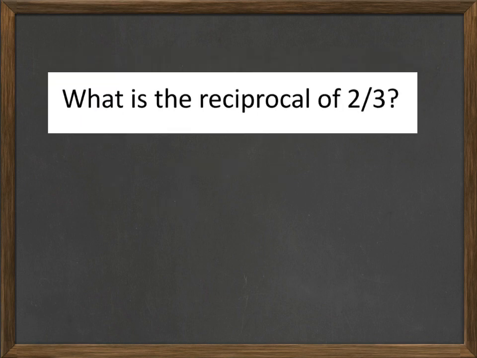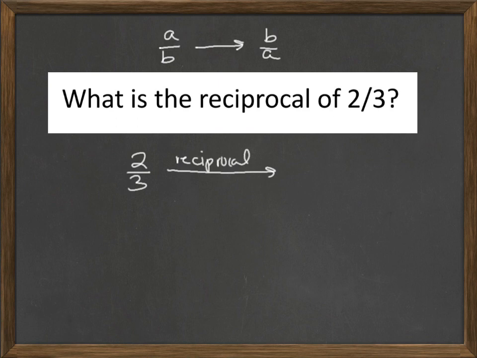Let's say we want to know what is the reciprocal of 2/3. Remember, to find the reciprocal, if we start with a over b, it becomes b over a. So the reciprocal of 2/3 is going to be 3/2. In other words, the denominator 3 becomes the numerator, and the numerator 2 becomes the denominator.